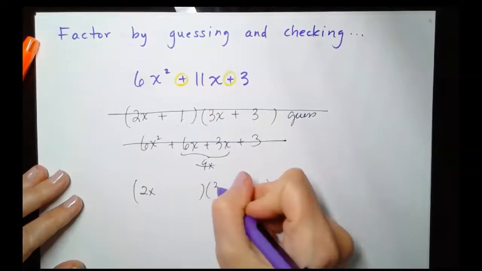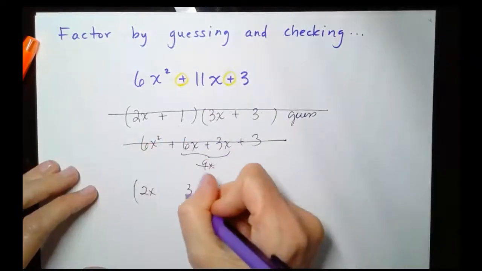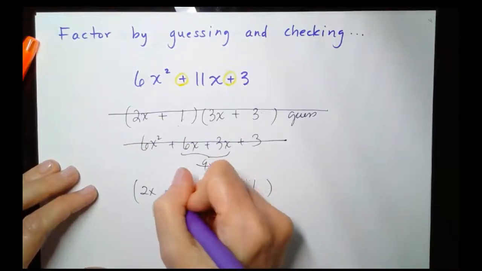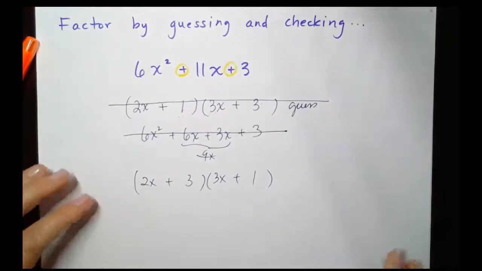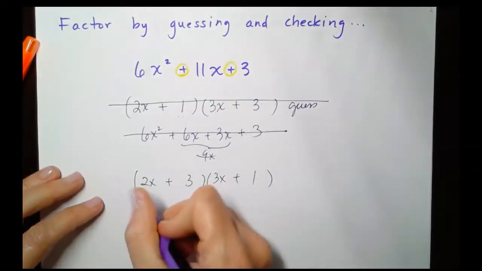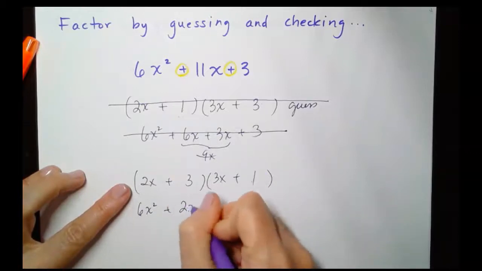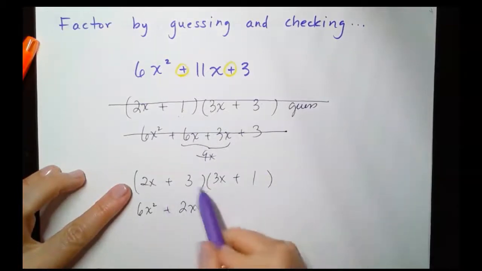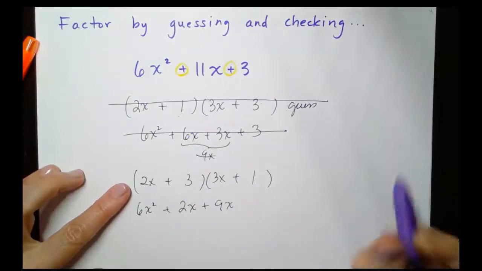Let's try 2x and 3x, but this time instead of 1 and 3, let's put 3 and 1. It's still going to be plus plus. Use the FOIL method again to check. 2x times 3x, 6x squared. 2x times 1, plus 2x. Those were the outers. The inners, 3 times 3, plus 9x.